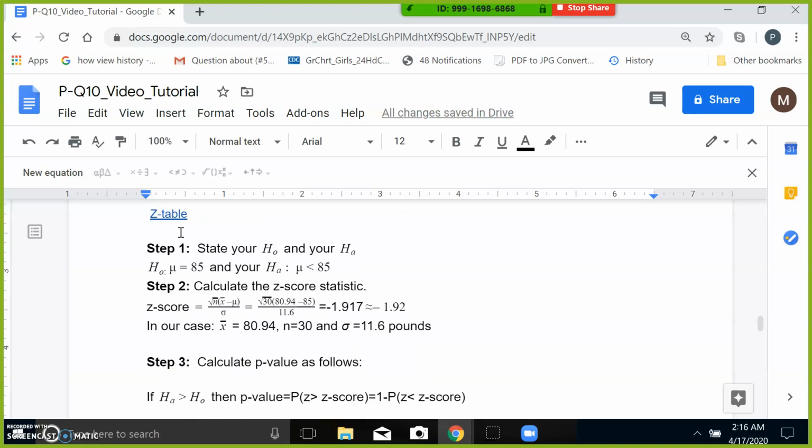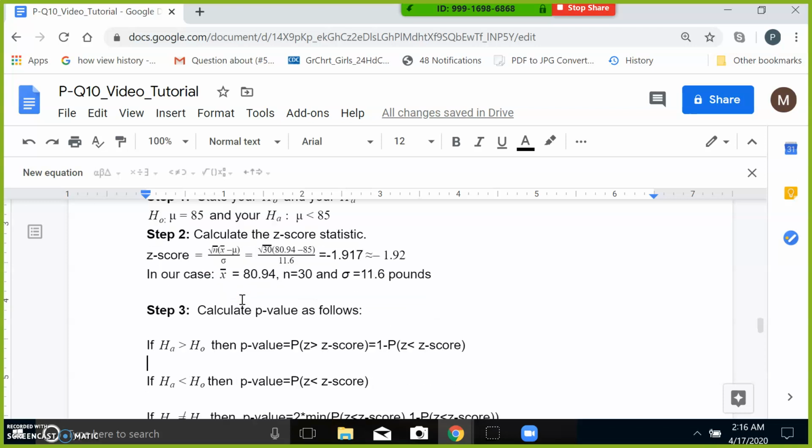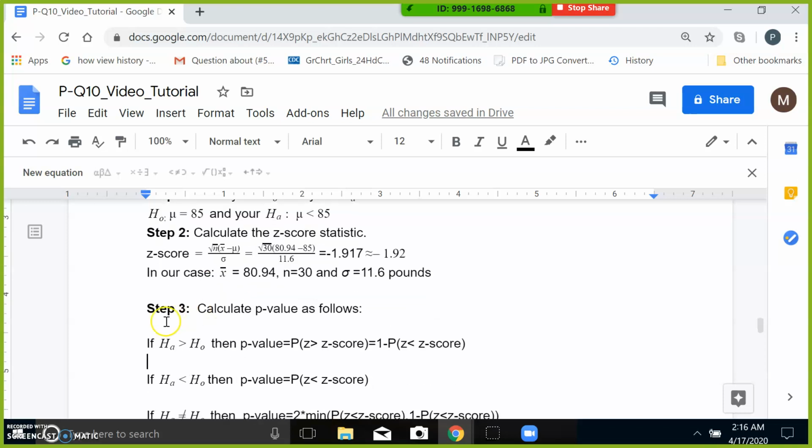Now to calculate the p-value as follows. So our alternative is less than 85 and our null is 85. So we have null greater than alternative. So let's look at that case. It looks like case 2 here, so take away case 1 and take away case 3.